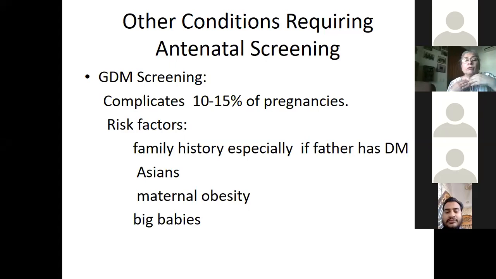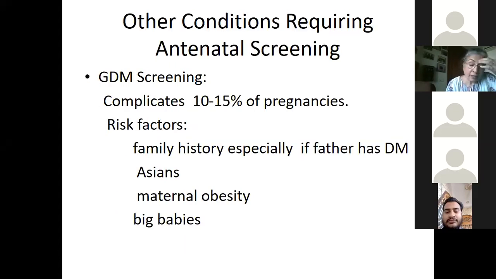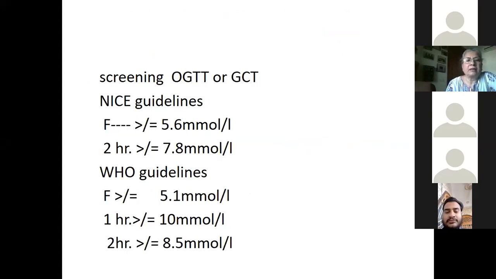Maternal obesity, if the mother has a high BMI, puts her at high risk. If somebody has had a big baby, unexplained intrauterine deaths at term, or repeated early miscarriages, these are all the people whom you need to screen for gestational diabetes.